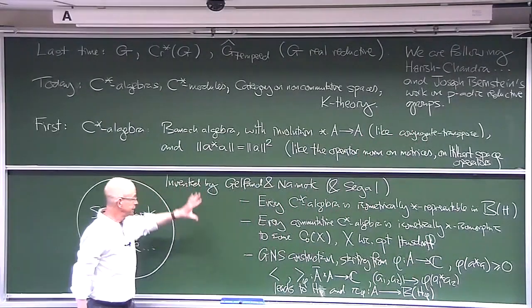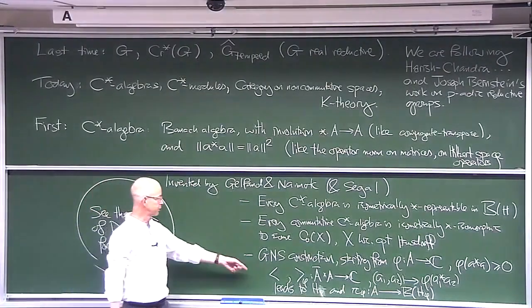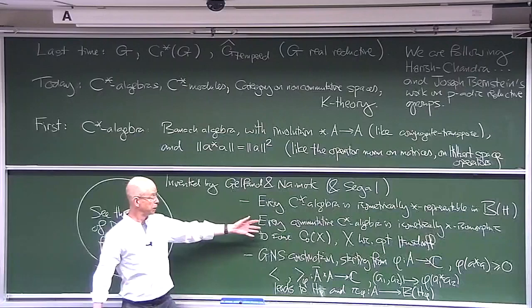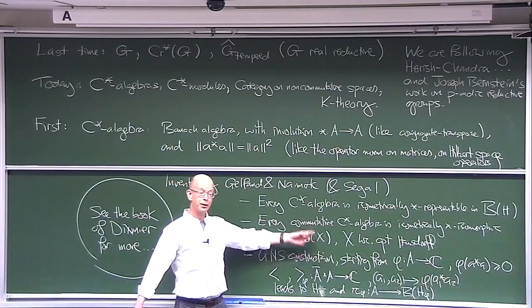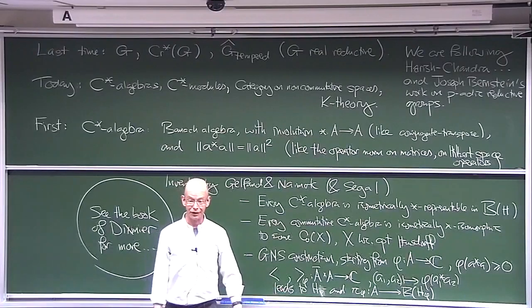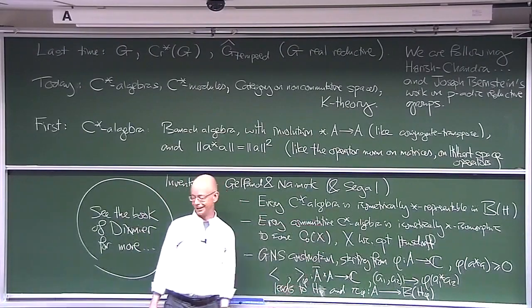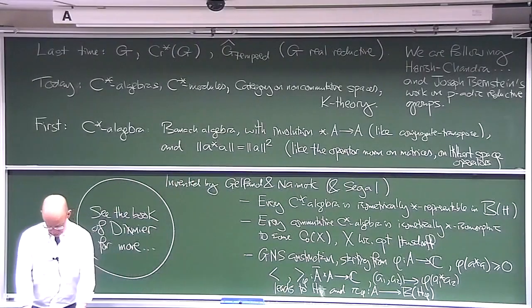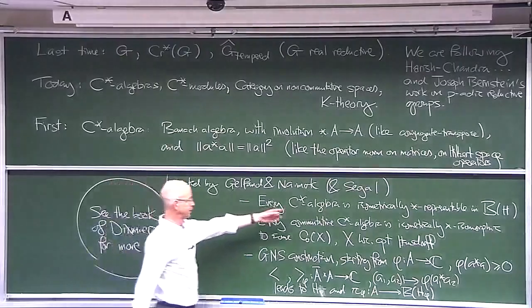Okay, so this is the elementary theory of C-star algebras. You can build representations. If you're in the commutative world, you might as well just think about locally compact topological spaces. C-star algebras, you could say, are some sort of non-commutative generalization of spaces, and these things all look like operators.